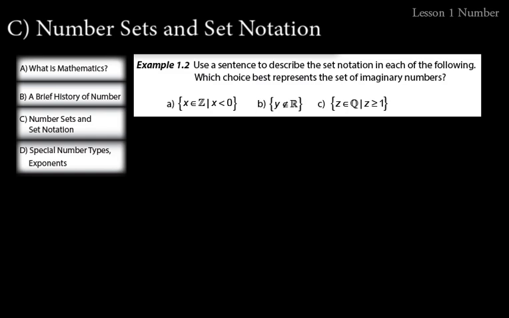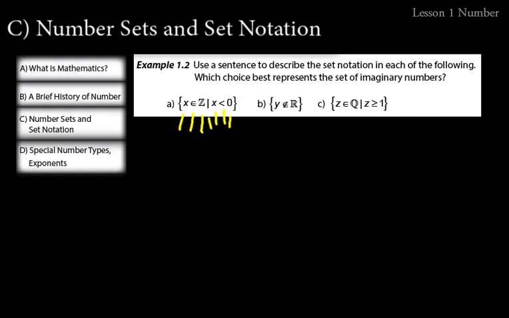Example 2 on set notation: use a sentence to describe the set notation in each of the following, and which choice there best represents the set of imaginary numbers. That'll be the last thing we do after we look at A, B, and C. So in A, we have x is a member of the set Z. That stands for integers. The vertical line means such that x is less than 0. So just write that out as a sentence.